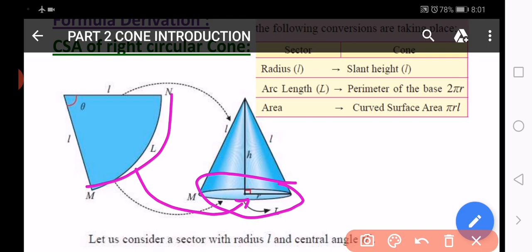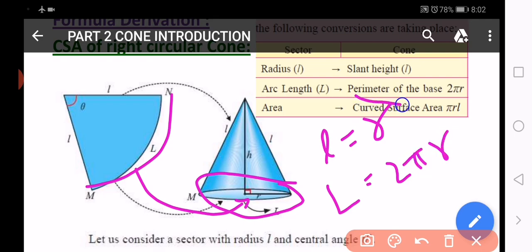That is, the arc length is equal to the circumference of the base of the right circular cone. That is, L equal to 2 pi r, the perimeter of the base.